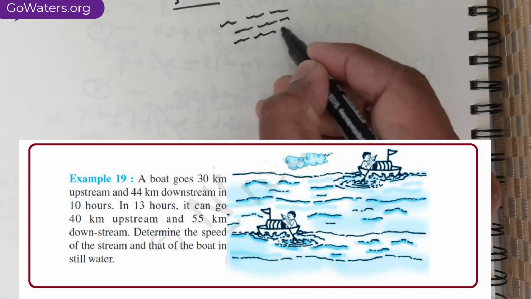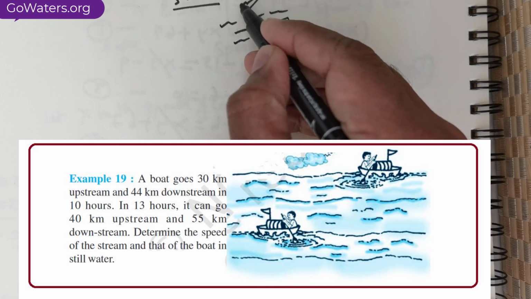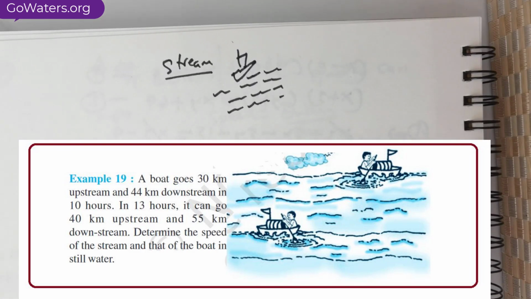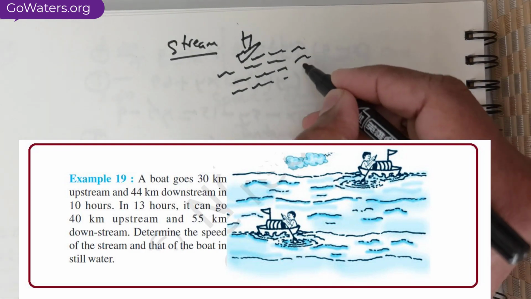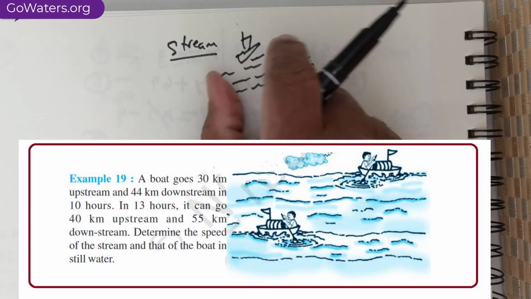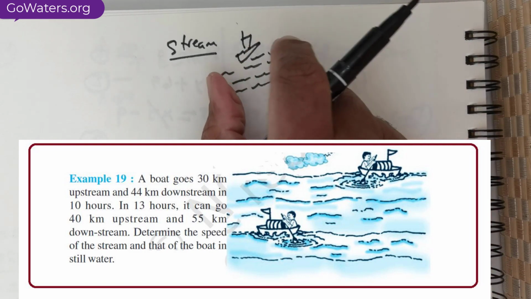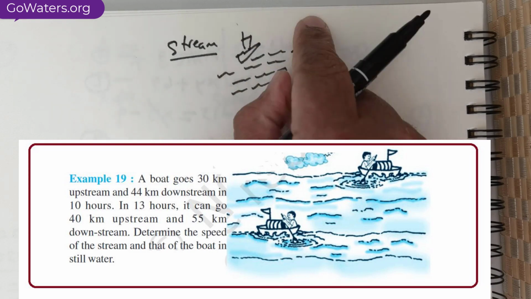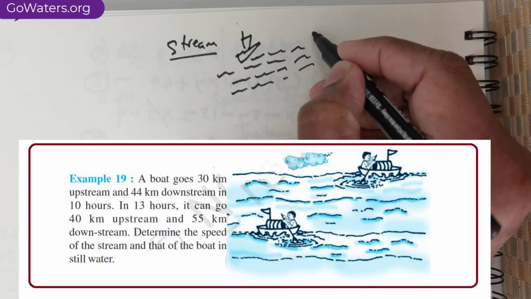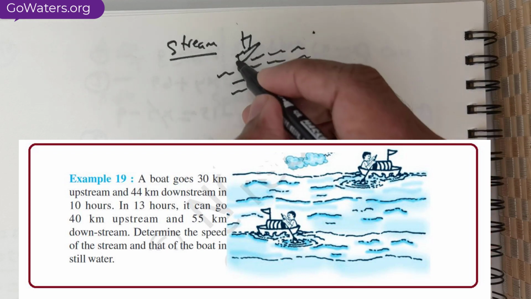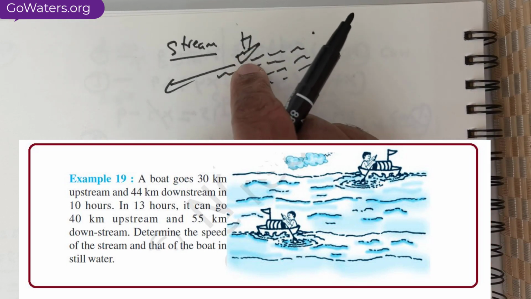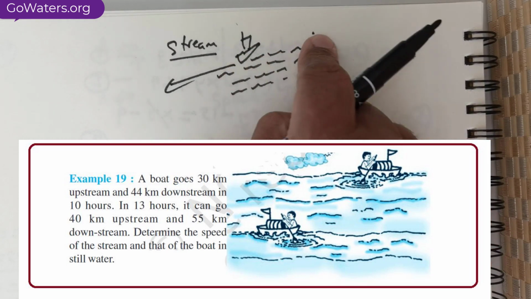Let us imagine this is upstream, and you have a boat that is going upstream, right? It is going up. Whenever a boat is going up, you will have to understand this. It's not easy to row the boat upstream, because you have a high level of force which is pushing the boat down, and that is why people will avoid going upstream.